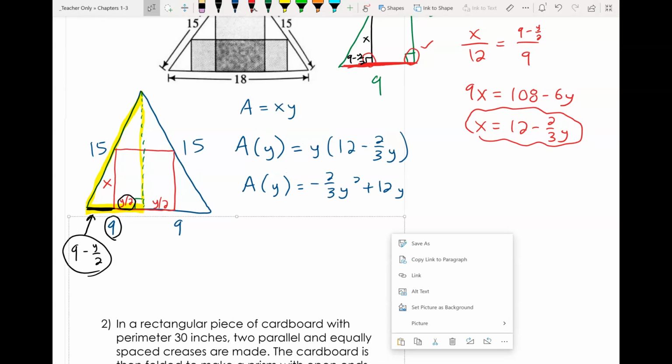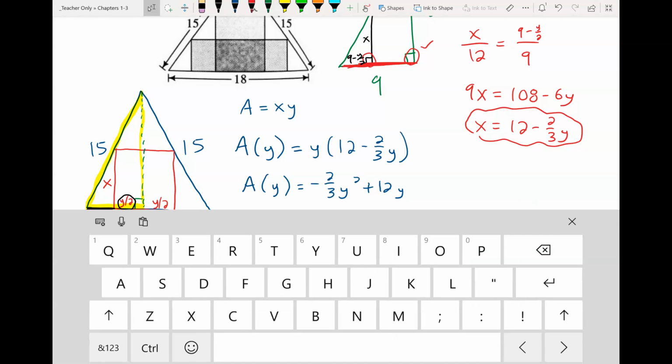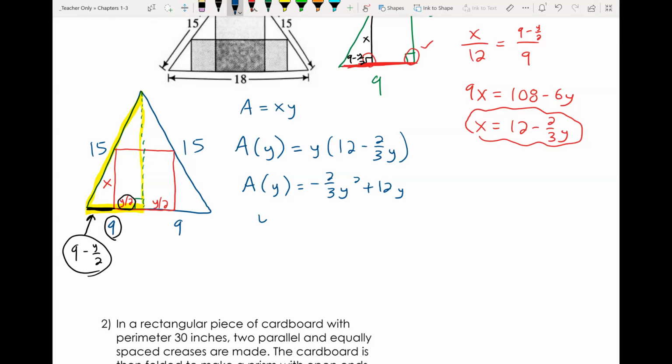In this case, the way this function is written, the independent variable is y, so I'm going to say y equals negative b over 2a, negative 12 over 2 times negative 2/3. That's negative 12 over negative 4/3. The negatives cancel, I get 12 times 3/4, which is 9.